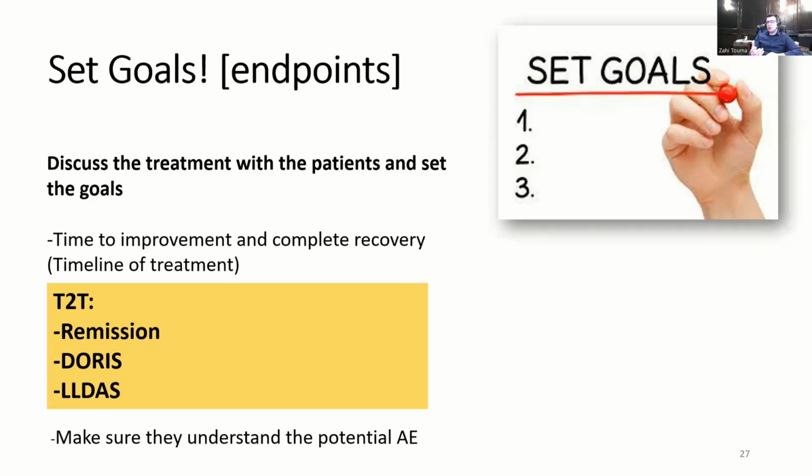But let's bring it more to an explicit example for today's presentation. Treat to target, I'm gonna focus more on disease activity because we already at this level have a realistic target. Remission of disease activity with the utilization of different tools such as DORIS or LLDAS, or probably others, depends again on what you're using in your clinic.